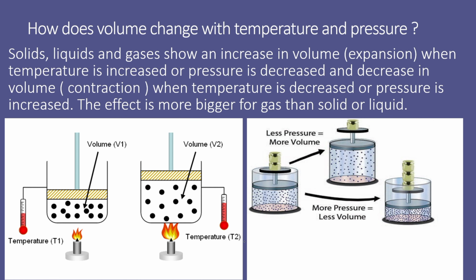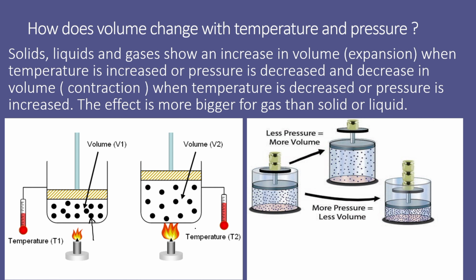In the first one, you can take a gas in a container which is fitted with a movable piston, and you heat it, so the temperature increases. The particles take up heat energy, because of which their kinetic energy also increases, and they start moving faster.